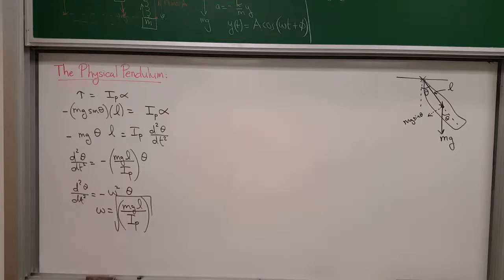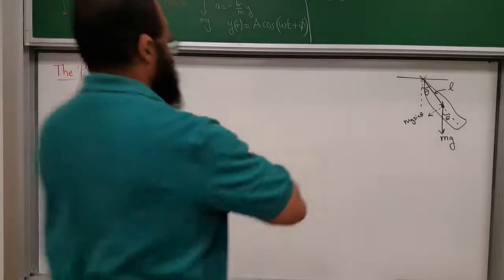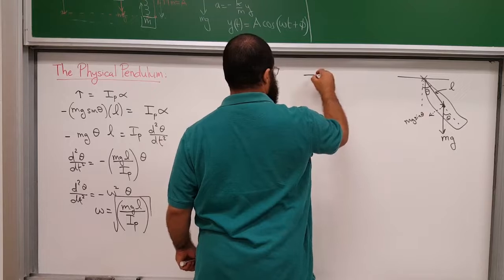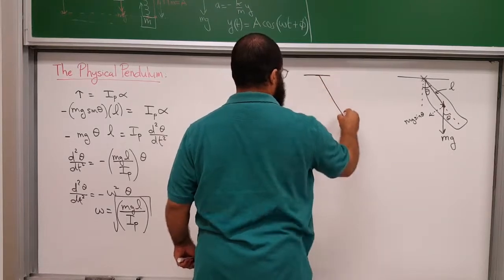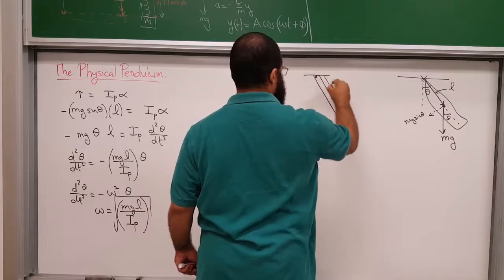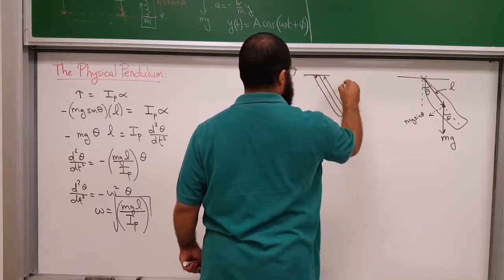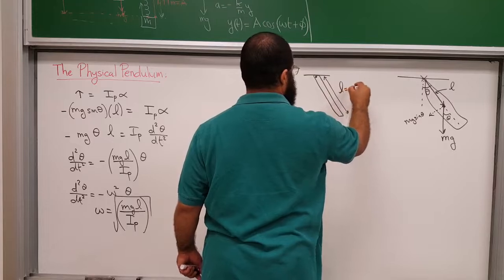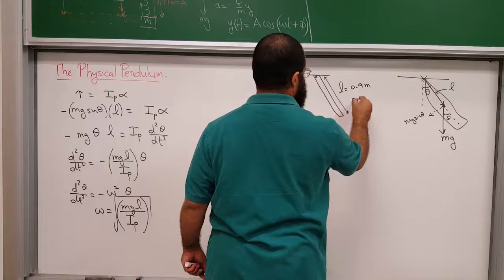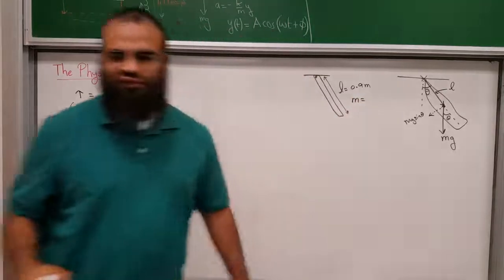It's not, but let's assume it is. So we take the student's leg, it's like a long meter stick. Here is the pivot, and we have L is 0.9 meters.